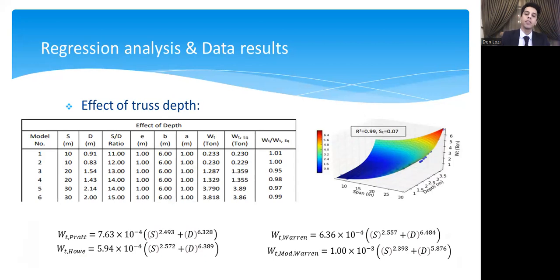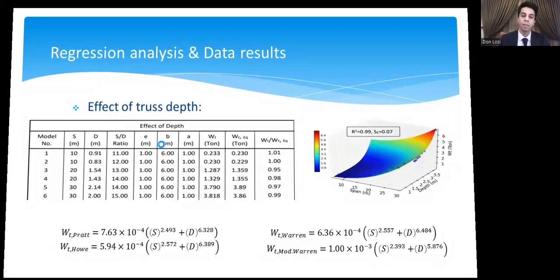After the optimization stage, we put the weight values of each model in the table right here, then convert these values into a graphical form to study the interaction, then determine an equation to facilitate selection of geometries depending on steel weight behavior in each size. We can just substitute the span and the depth values in this equation to find the weight of the truss.